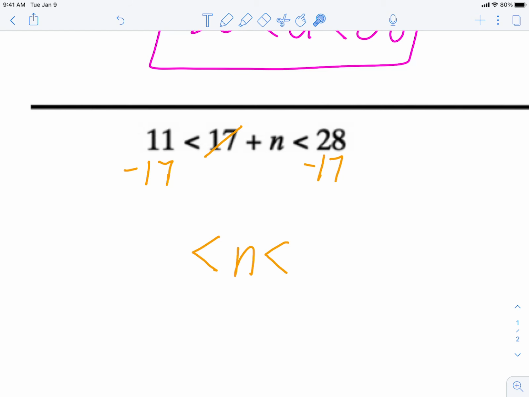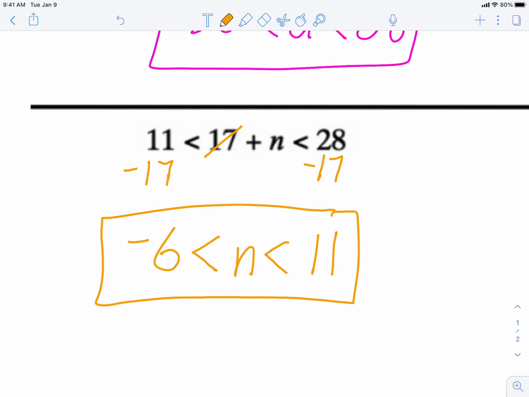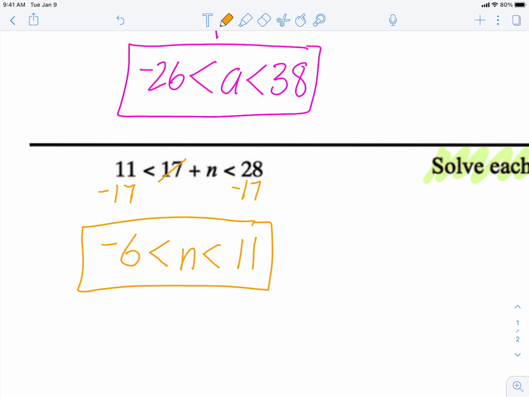Now a positive 11 and a negative 17 are not the same signs, so 17 minus 11 is 6. And it's a negative 6 because 17 is bigger and 17 is a negative. And here, 28 and negative 17 are not the same signs, so 28 minus 17 is 11, and a positive because 28 is bigger and 28 is a positive. And that, guys, is my solution right there.